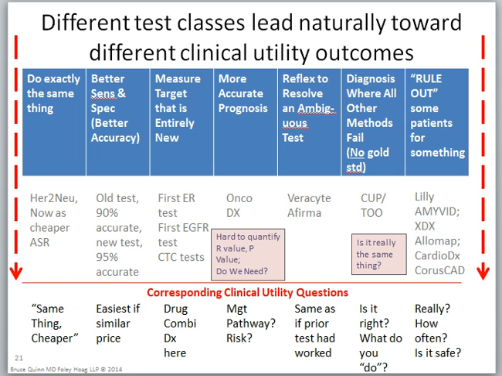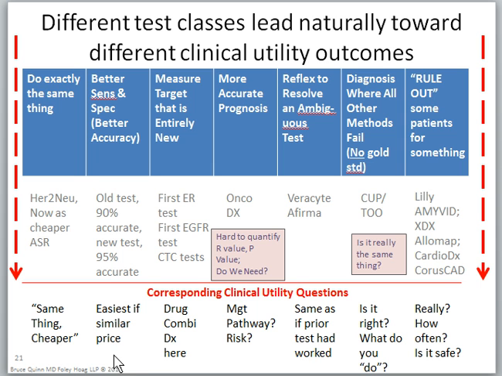One thing that makes this a little more useful is that I think the different test classes naturally will lead forward into different kinds of clinical utility outcomes. So you'd be asking different clinical utility metrics. If you do exactly the same thing, hopefully you do the same thing but cheaper. If it's more accurate, that's easiest if it's a similar price or a proportionate price.